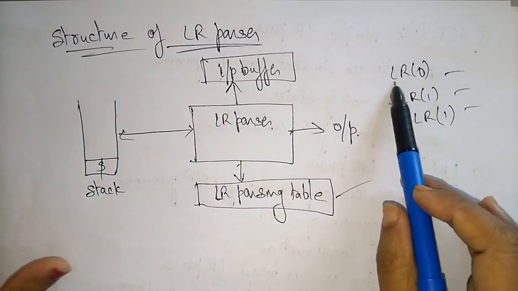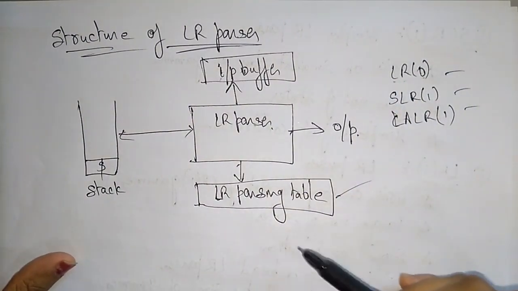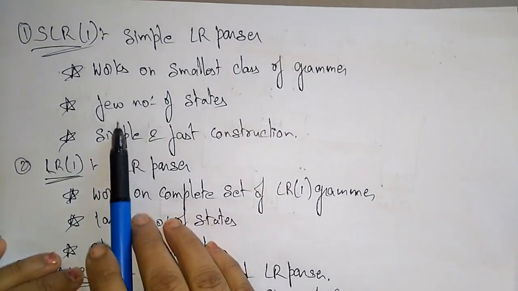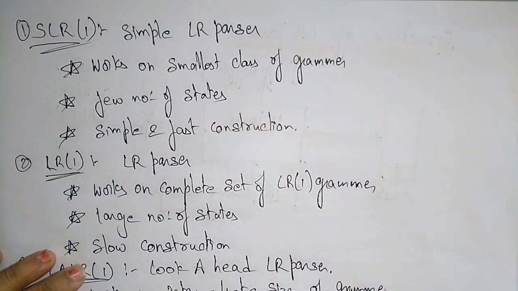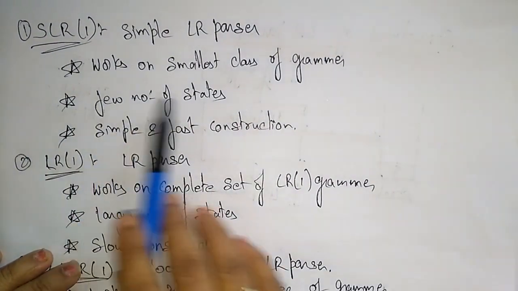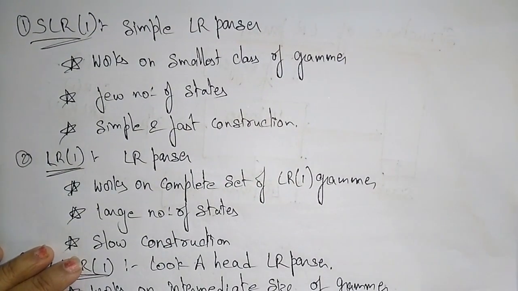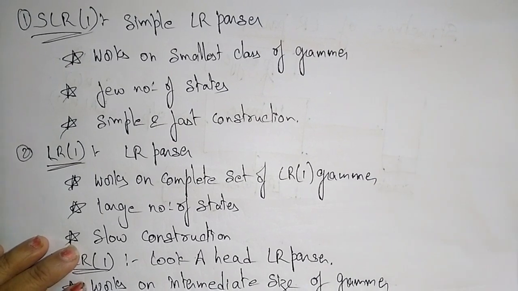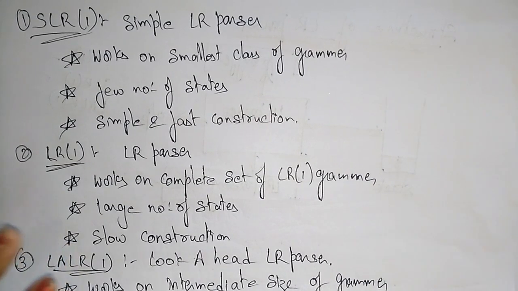Each has its own technique, because in the parsing table itself, whatever features you have seen, to construct the parsing table you need the states. So SLR is having only a few states, and the construction of the table is also less. A few number of states, hence a very small table is required.